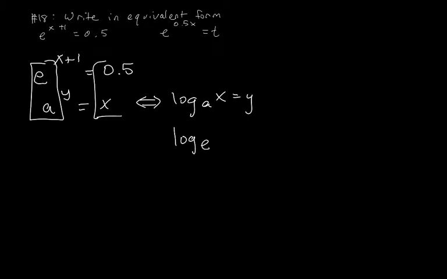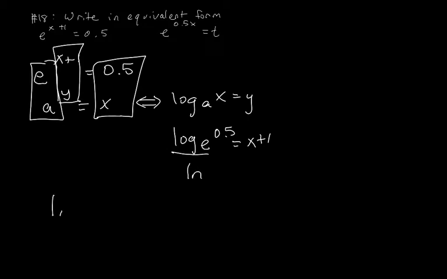I see that x matches to 0.5. And I see that y matches to x plus 1. And recall that this is the natural log. So we can write that as natural log 0.5 equals x plus 1.